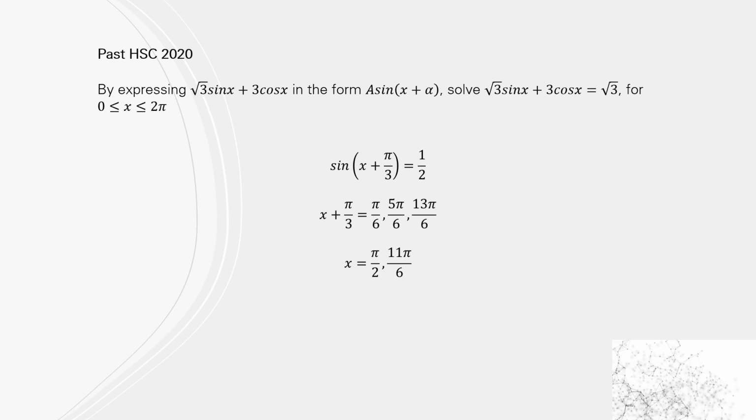The first one, pi on 6, when you minus pi on 3, you get a negative. So obviously that is not in our domain from 0 to 2 pi. 5 pi on 6 minus pi on 3 is pi on 2. And 13 pi on 6, which is the next value in the next rotation, when you minus pi on 3, you get 11 pi on 6.